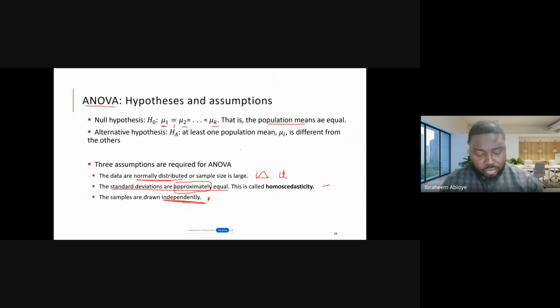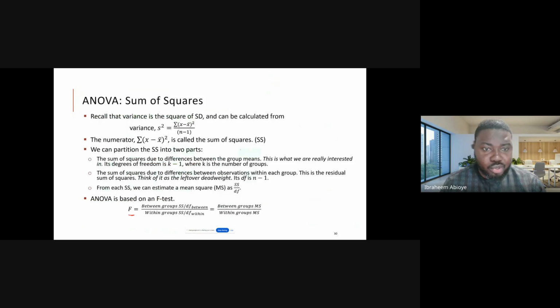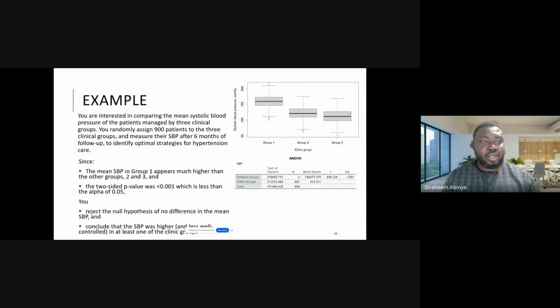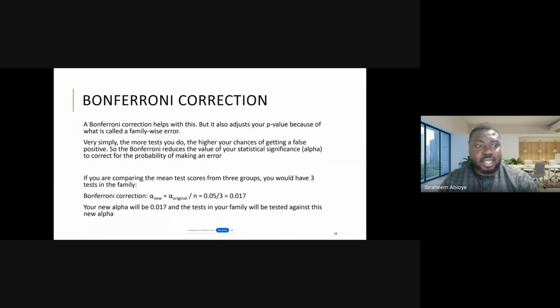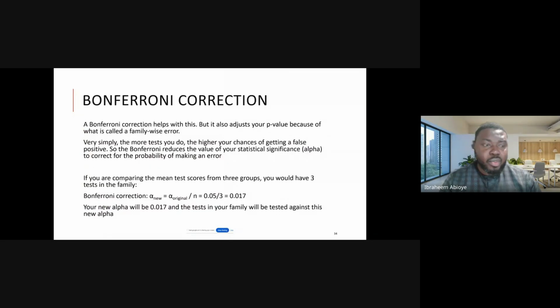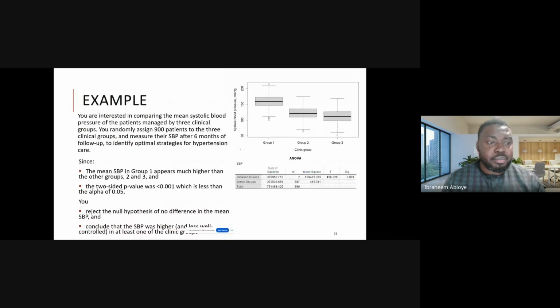So this is ANOVA. I want to make sure that we have enough time to switch over to comparing proportions and odds. But let's take this quick example, the same example. We're comparing the mean systolic blood pressure of patients managed by 3 clinical groups.